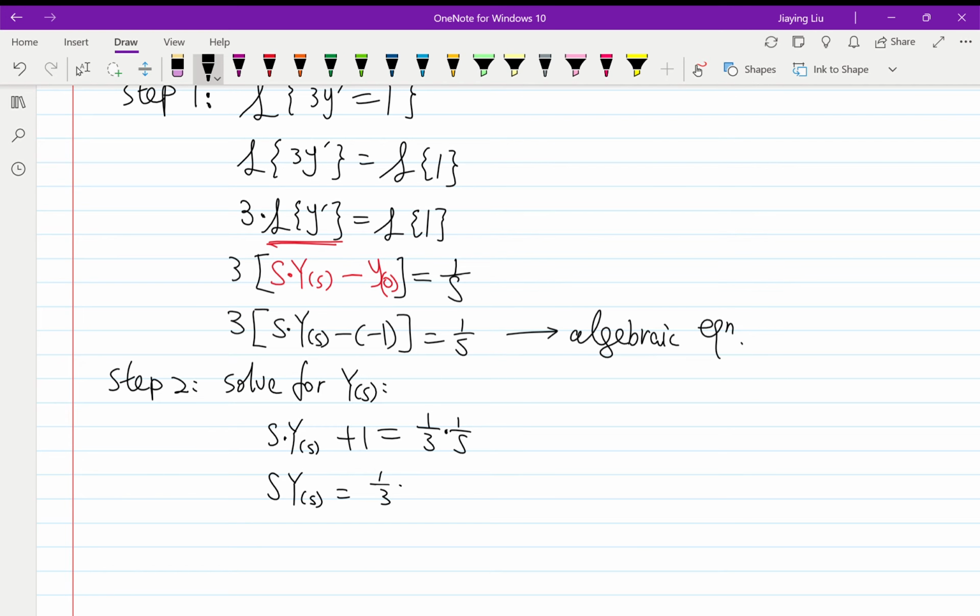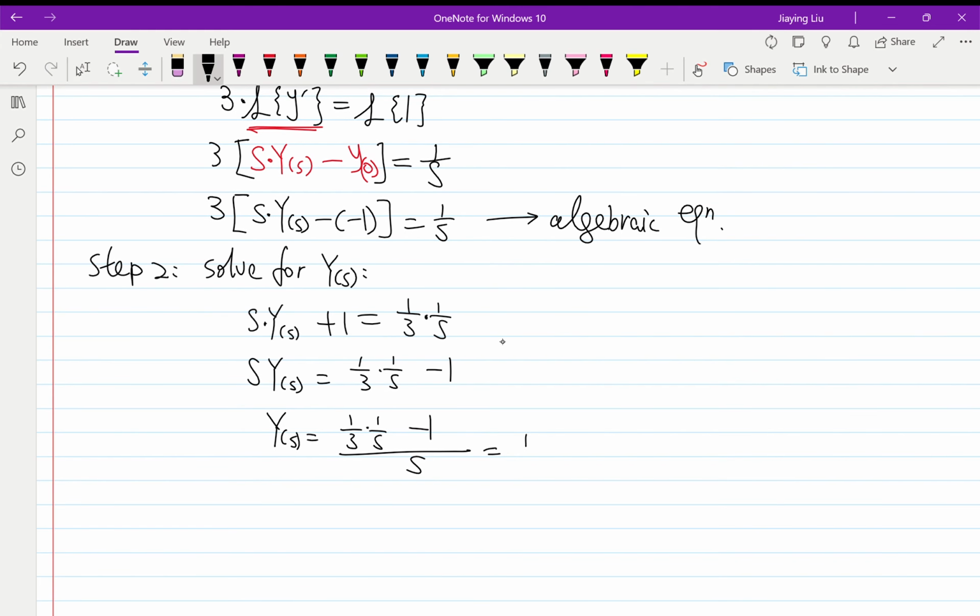Divide by s, Y of s equals 1 over 3, 1 over s minus 1, divided by s, and then split the fraction into 2. So I get 1 over 3, 1 over s squared, minus 1 over s. Any questions about what I did? So this is what Y of s is.